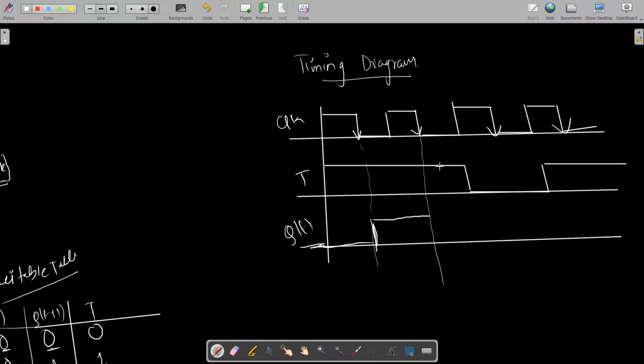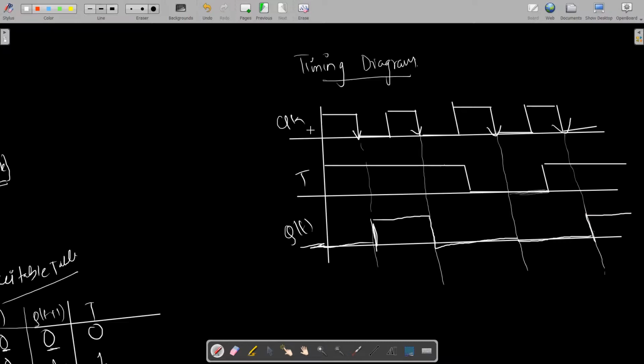Now, as you can see, T is still 1, so it will toggle. My previous output was 1, so now it will be 0 till here, as it holds the memory. Now over here, T is 0. T 0 means it will hold the previous value, so it will hold 0 till the next upcoming cycle. And in this cycle, T is 1, so it will toggle. So this is the way we design Q of t.